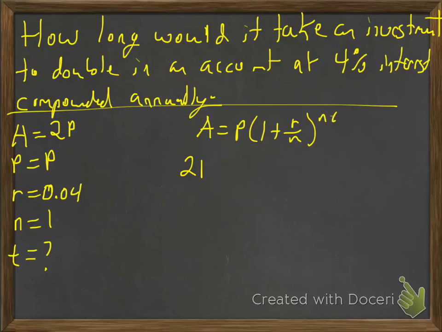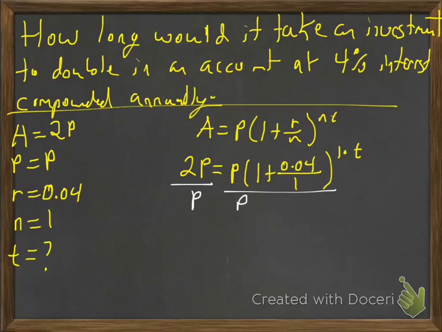So the amount is 2P, and that's equal to P times 1 plus R over N to the NT. But we'll plug in the stuff that we know. We know that the interest rate is 0.04, N is 1. So like before, we'll divide by the principal.